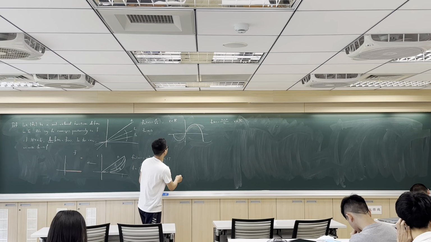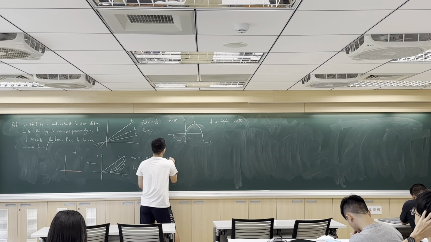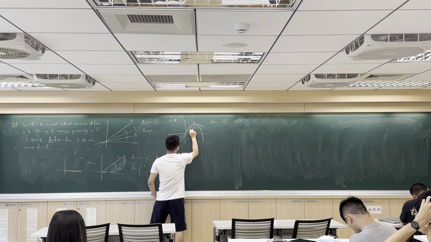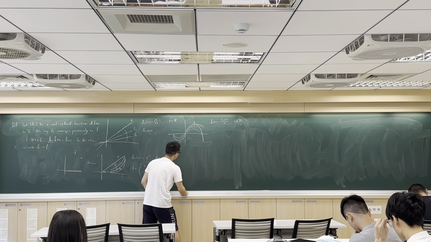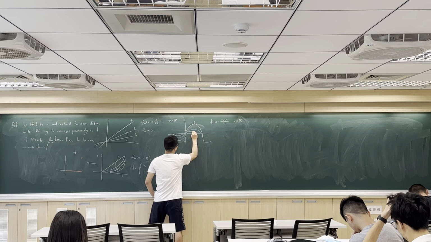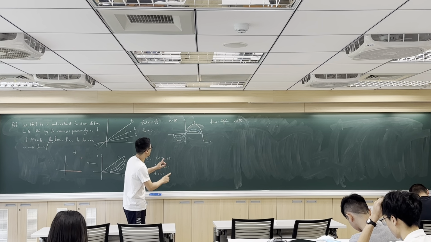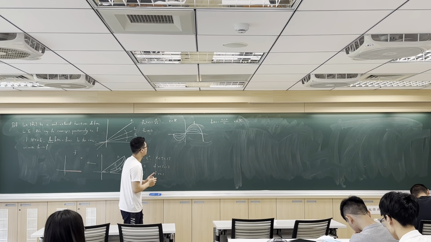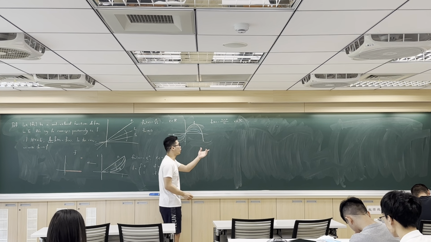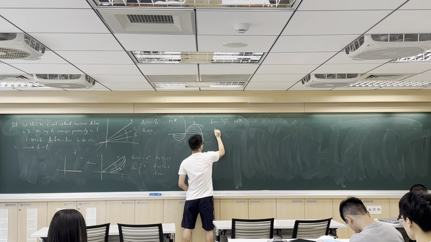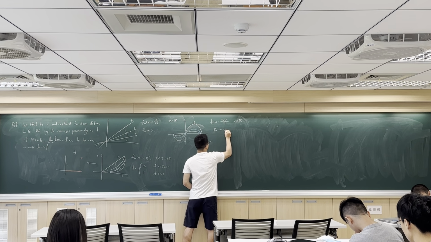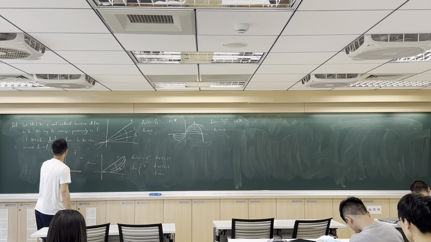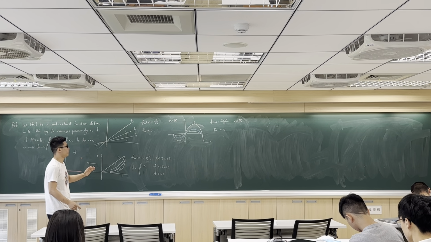This is F1, and F2, F3. So it will converge toward 0 because sine x is bounded by 1. So these are the limits of a sequence of functions.